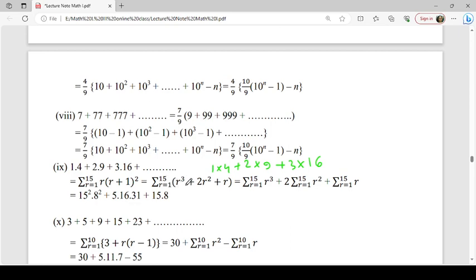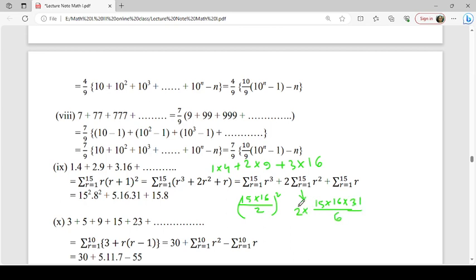R varies from 1 to 15, we know this value. So it is summation R cube, 1 to 15, so it is 15 into 16 divided by 2 whole square. This is the cubic sum, this is the square sum: it is n into n plus 1 into twice n plus 1 by 6, with n as 15, n plus 1 as 16, twice n plus 1 as 31, divided by 6.